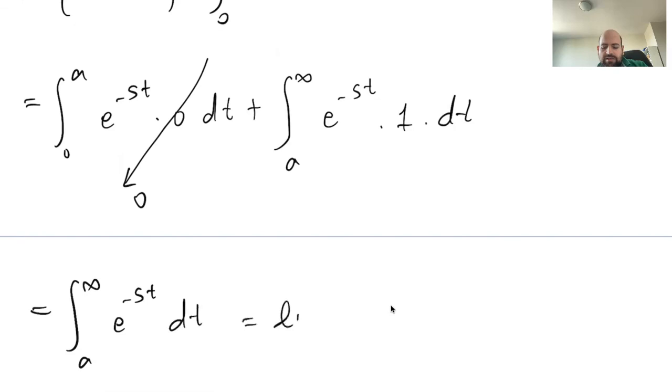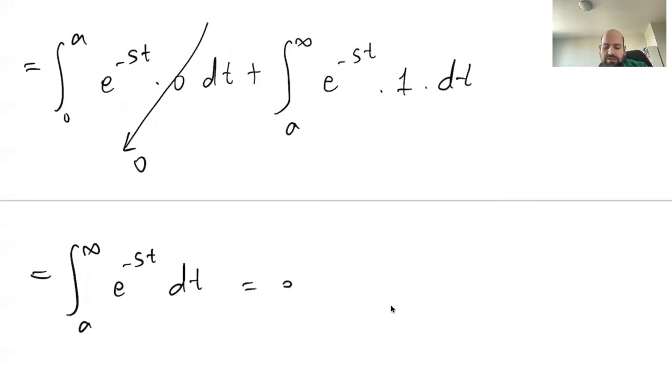Let me find the antiderivative of e to the power minus st, which is e to the power minus st over minus s, evaluated from a to infinity.